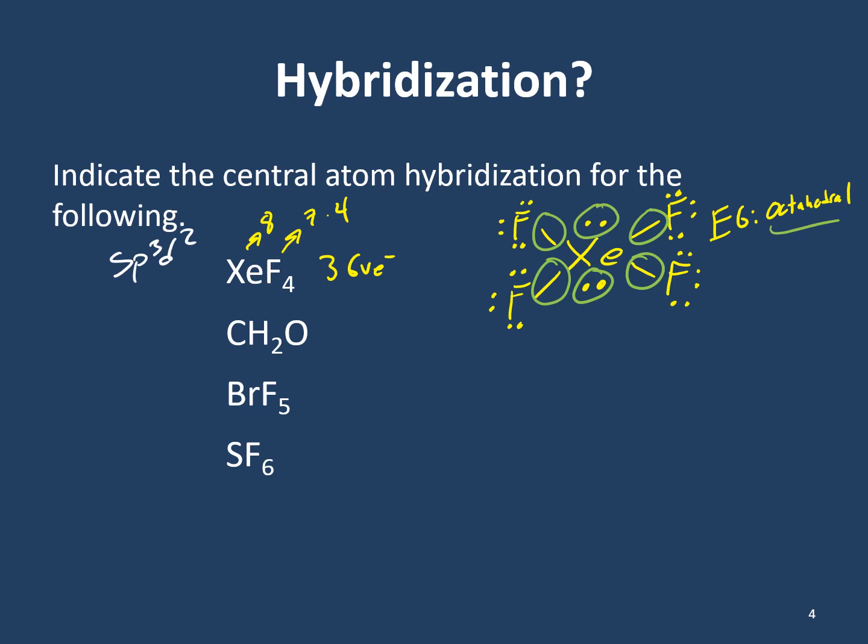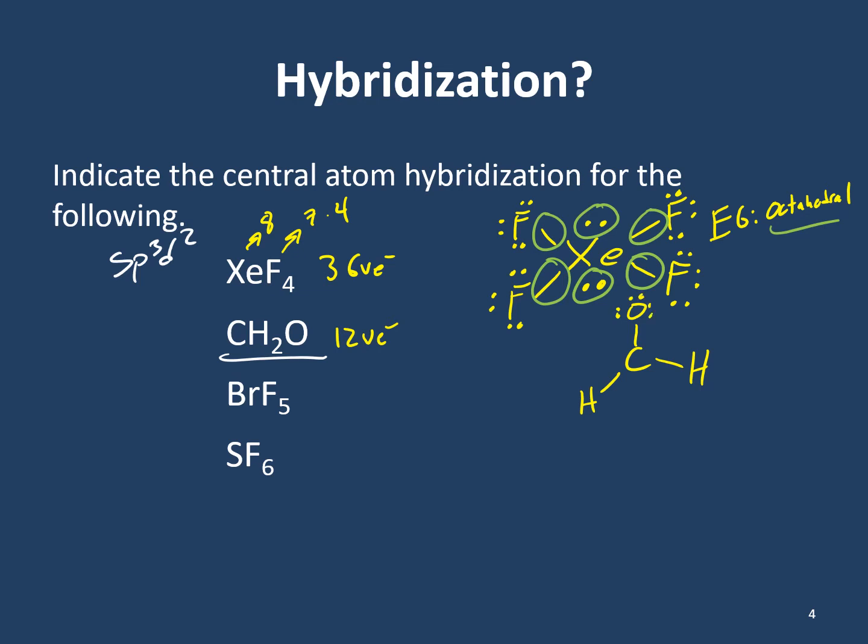If we look at CH2O, this has 12 valence electrons. The central atom is carbon. I'm going to connect all the other terminal atoms to the carbon atom. And then I have to put lone pairs to make octets. The only things that need an octet are the oxygen and the carbon. So we're going to put our remaining 6 electrons there.